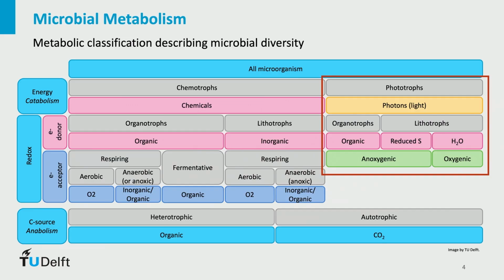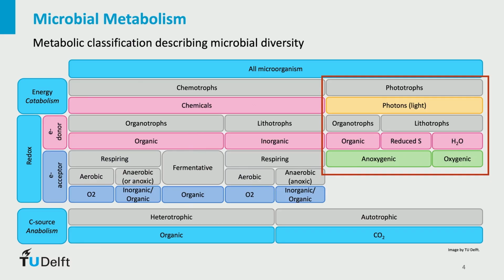These organisms generate energy from light photons, but they also carry out redox reactions using various electron donors. If the electron donor is organic, these organisms are called photoorganotrophs. If it is inorganic, for example, reduced sulfur compounds or water, they are known as photolithotrophs.